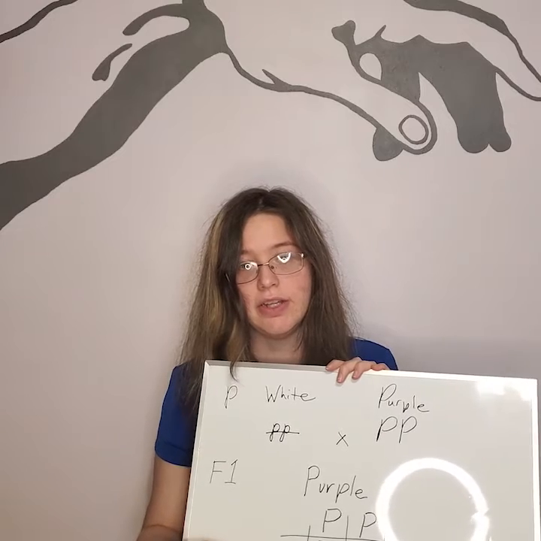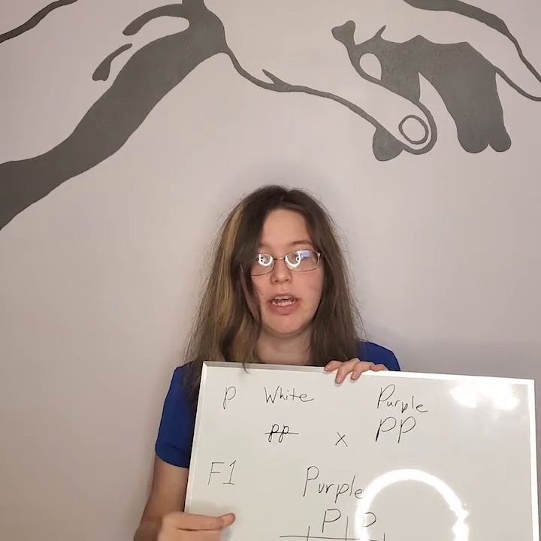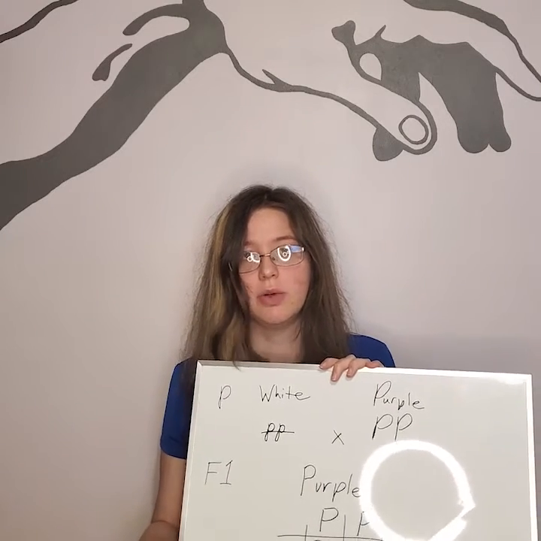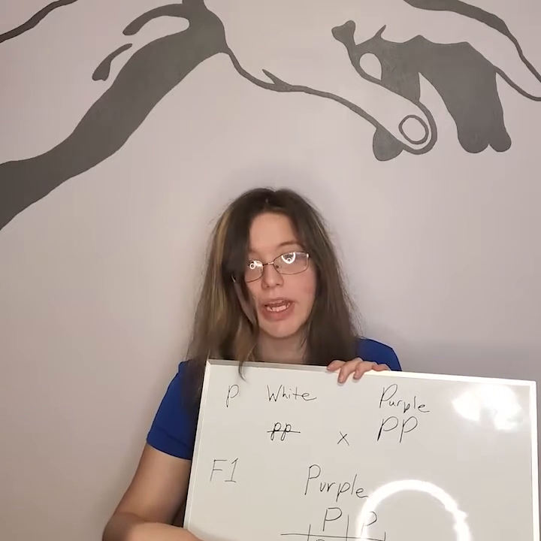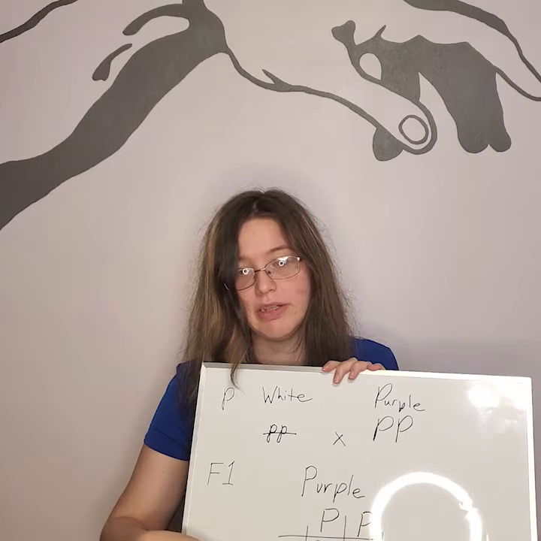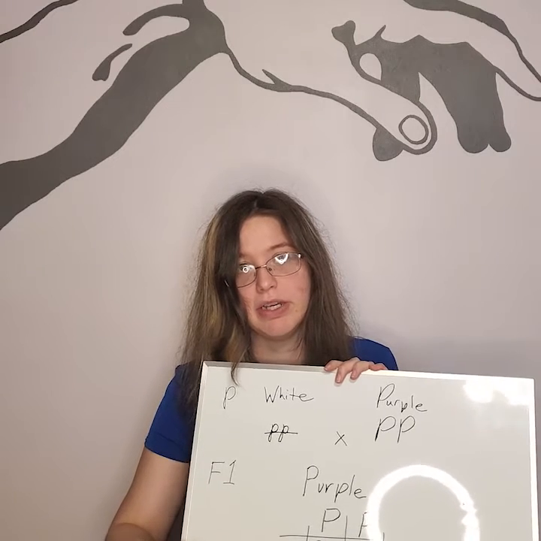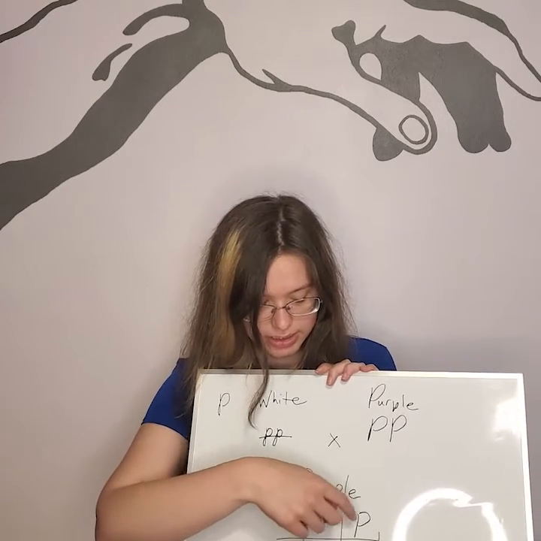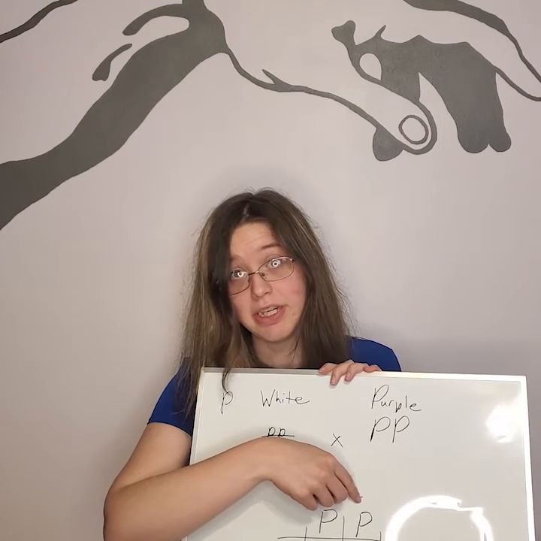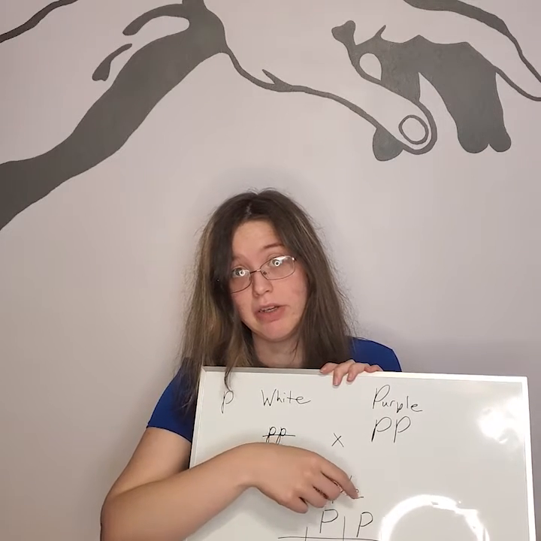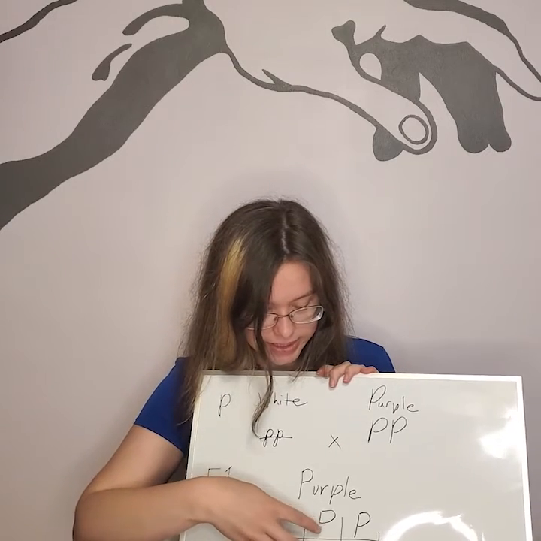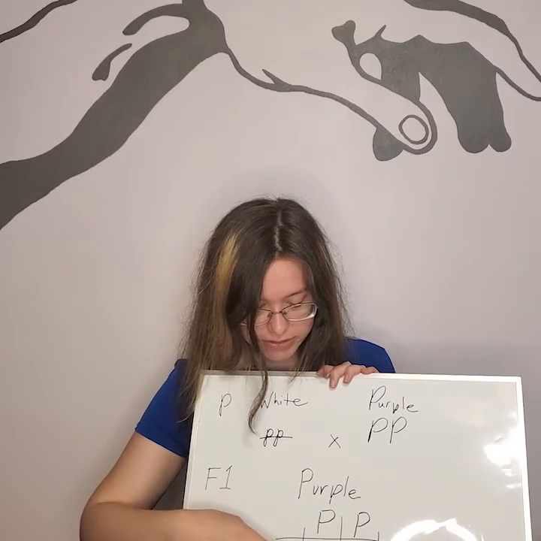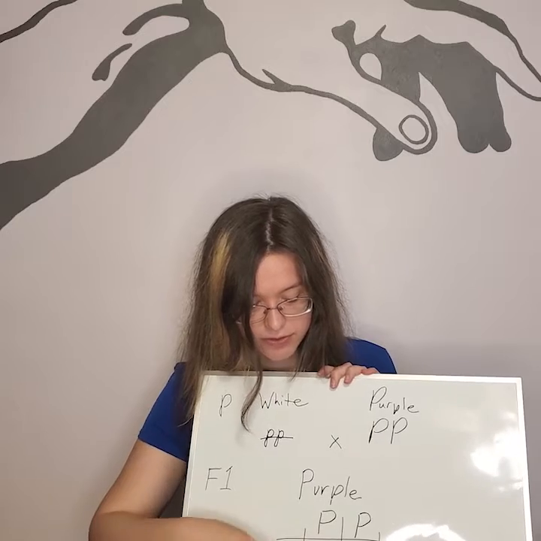We figured out that the offspring, the F1 generation, were all heterozygous when we crossed and we had lowercase p from the white parent on this side. And then we had uppercase P and uppercase P from the purple parent on this side. And then we added them up. So the little p and the big P come together.